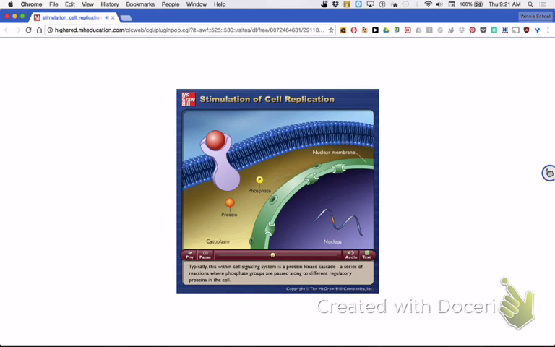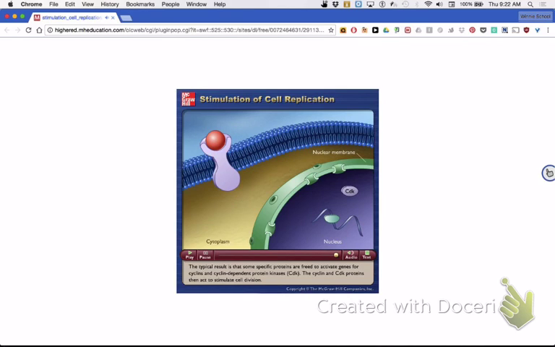Typically, this within-cell signaling system is a protein kinase cascade, a series of reactions where phosphate groups are passed along to different regulatory proteins in the cell. Ultimately, the cascade ends with phosphorylated proteins entering the nucleus and interacting with regulatory proteins there. The typical result is that some specific proteins are freed to activate genes for cyclins and cyclin-dependent protein kinases, CDK. The cyclin and CDK proteins then act to stimulate cell division.